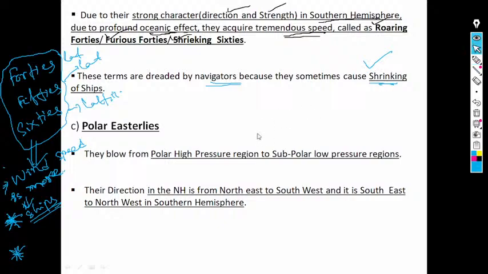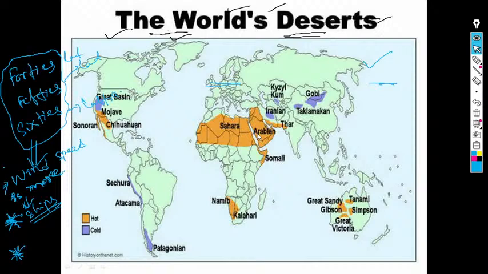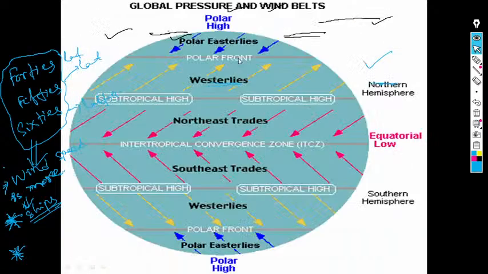Next we will go to the polar easterlies. Polar easterlies, just see here. Polar easterlies have the same significance.